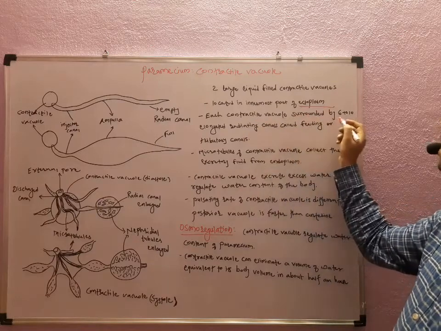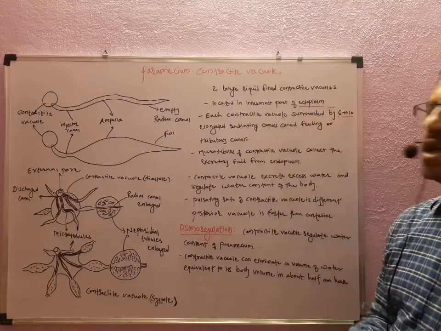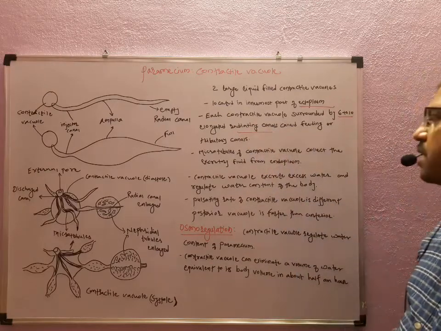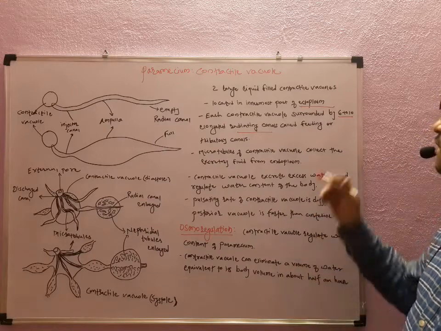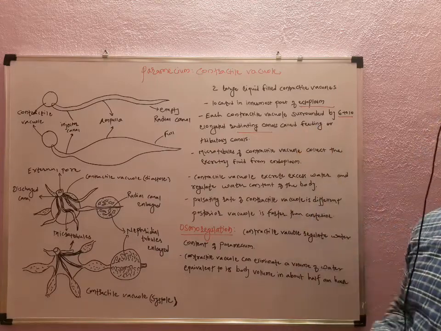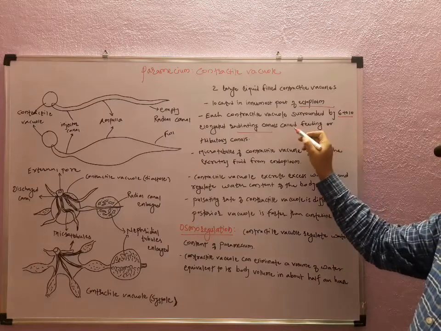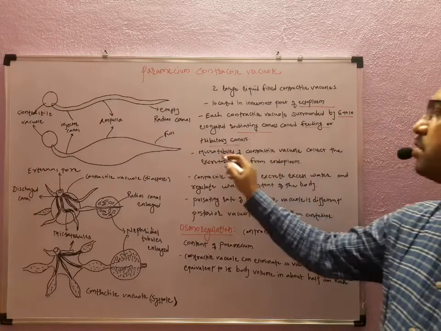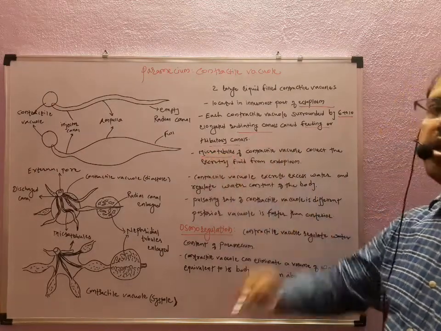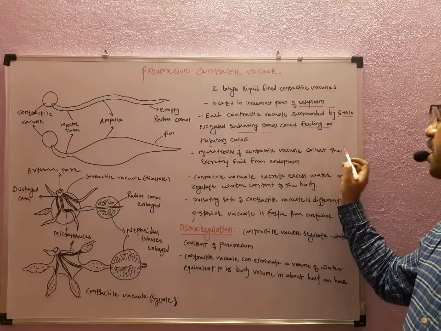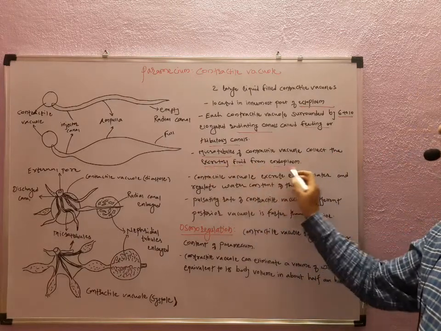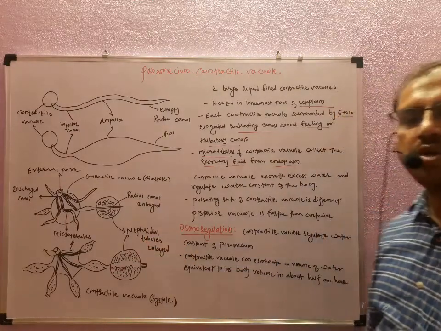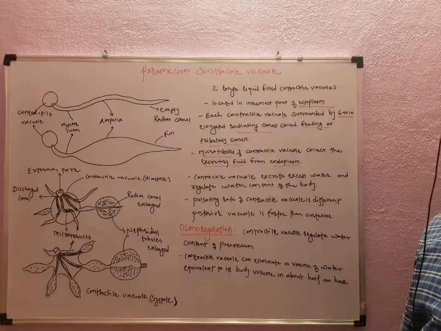Each contractile vacuole is surrounded by 6 to 10 elongated radiating canals, collecting the excess water from the cell, called feeding or tributary canals. The microtubules, also called the nephridial tubules of the contractile vacuole, collect the excretory fluid from the endoplasm of the paramecium.